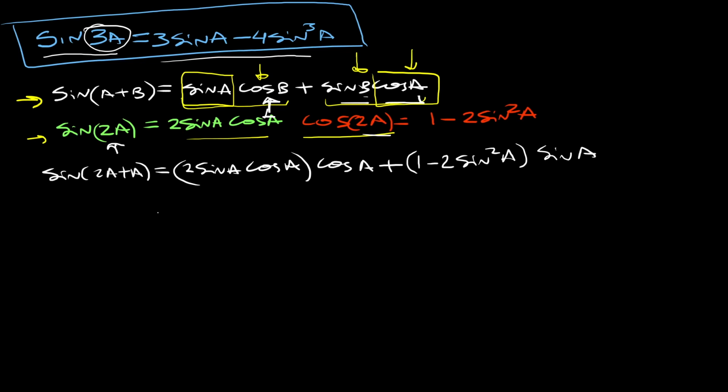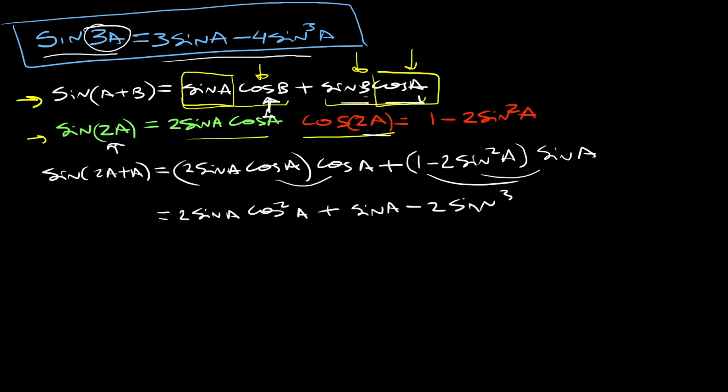Okay? So now we're just going to distribute these terms across the board. So we just have to multiply these two. So it's 2 sine a cosine squared of a plus, and then we're going to do the same thing for these ones. So this goes here and this one goes there. So sine a minus 2 sine to the third of a. If we keep going, we notice that we don't have any cosines here.